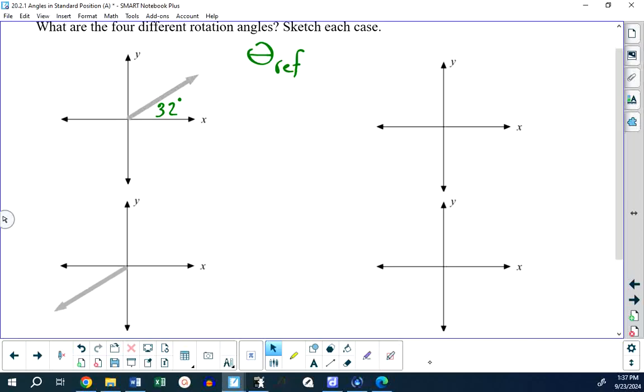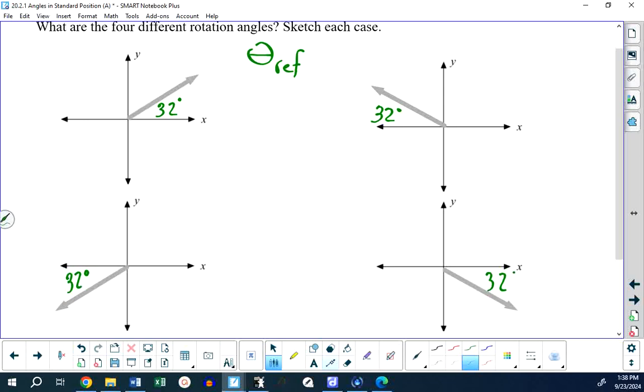So if it's in quadrant 3, this is 32 degrees for a reference angle. If it were in quadrant 2, this would be the reference, and if it were in quadrant 4, again it would be parallel, this would be the reference.